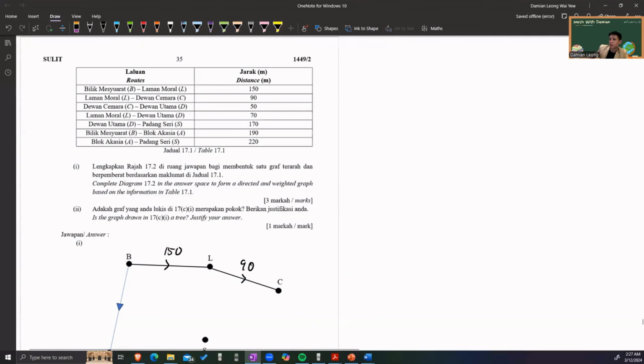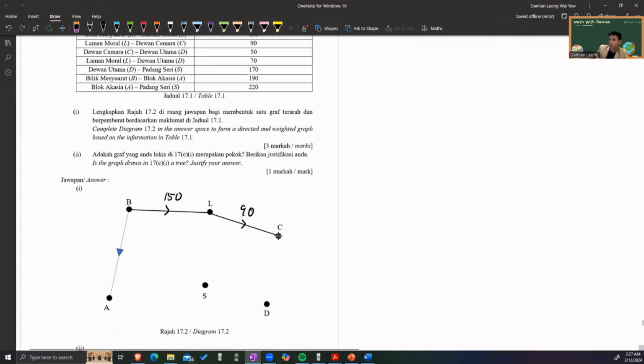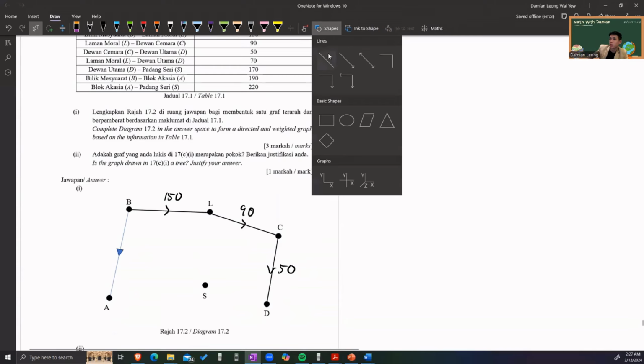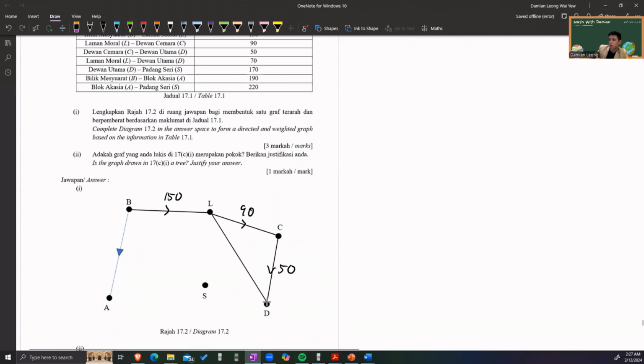C to D, 50. L to D, this way, 70. D to S, 170.